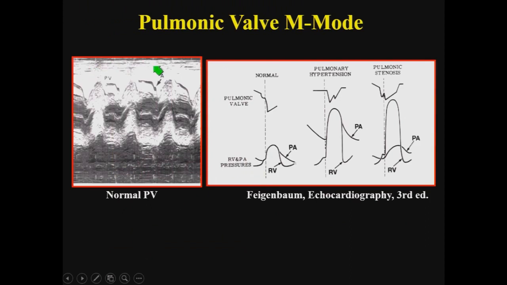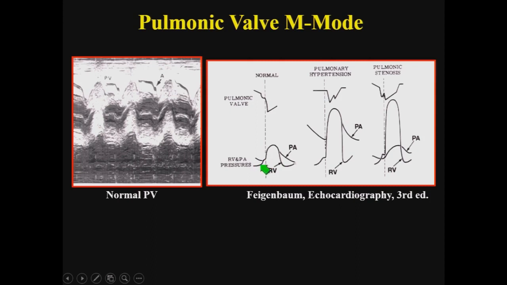This is a normal pulmonic valve on M mode. And what you see here, first of all, you see the atrial kick, and you see that the valve is open, but you don't have the flying W. What is the reason for that? The reason is that normally the atrial pressure and the ventricular diastolic pressure are very close to each other.